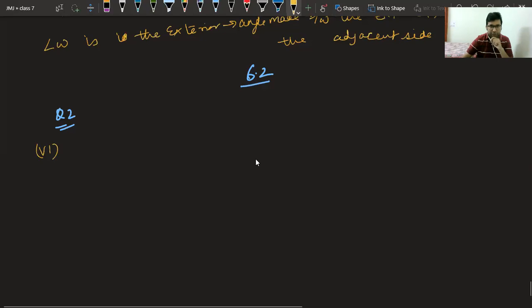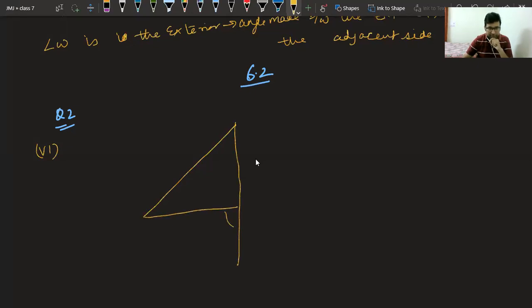Suppose I take this triangle given to you in the 6th part, page number 119. Now see, in this question a triangle is given to you like this, and they are saying this angle is 75 degrees, this angle is X, this angle is 35 degrees.